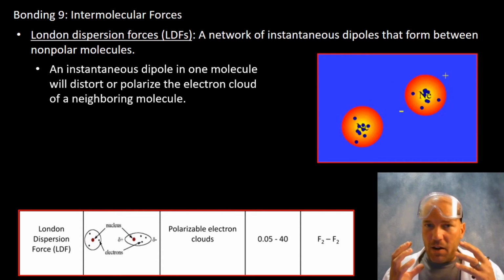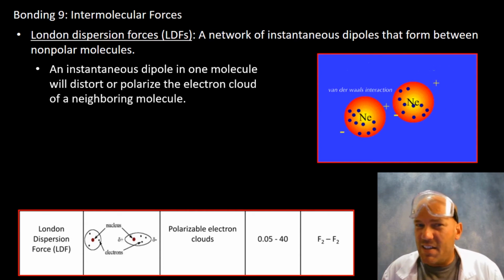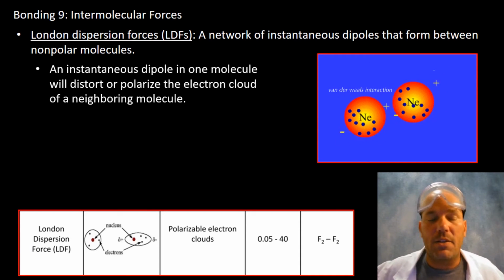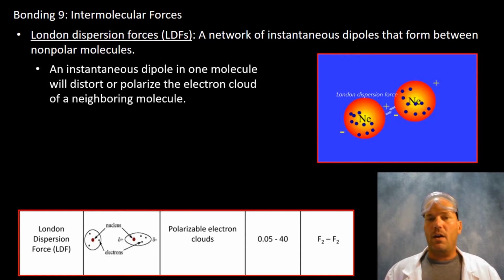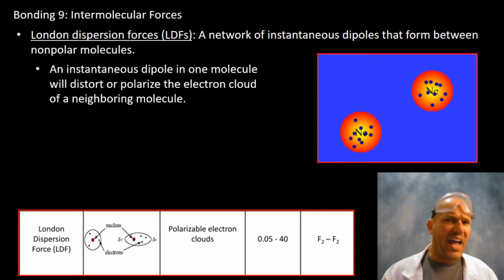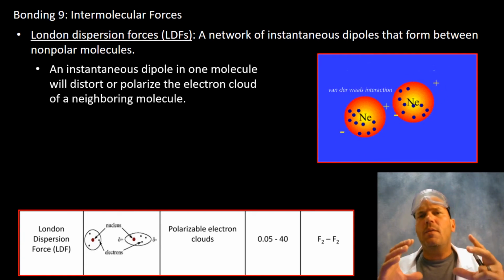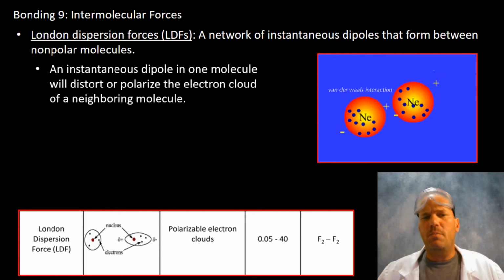So they are essentially going to change the density of the electron cloud, those valence electrons, in neighboring molecules. They are instantaneous, and they also depend on the size of the molecule, because the larger the molecule, the more polarizable it is.